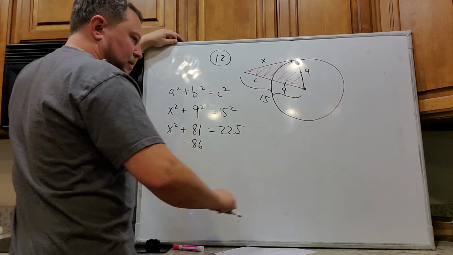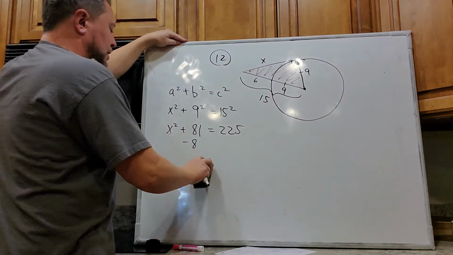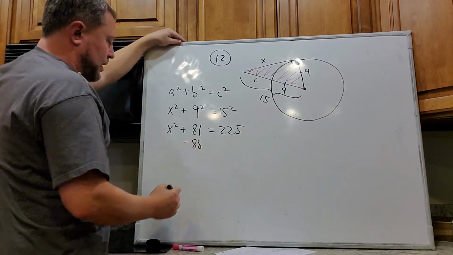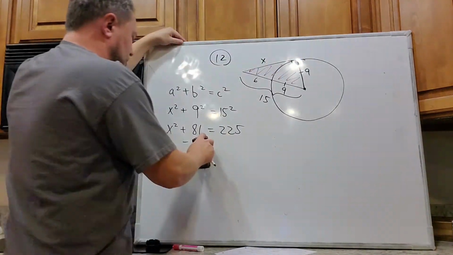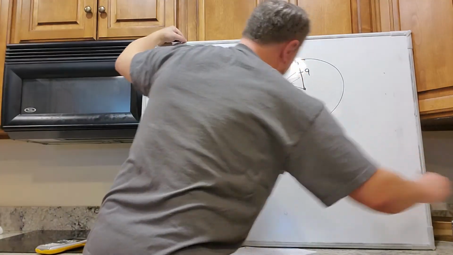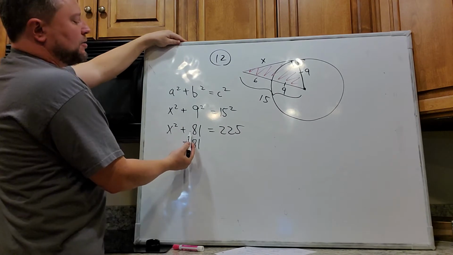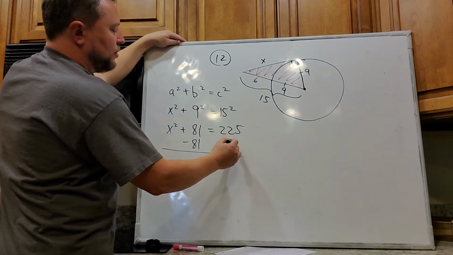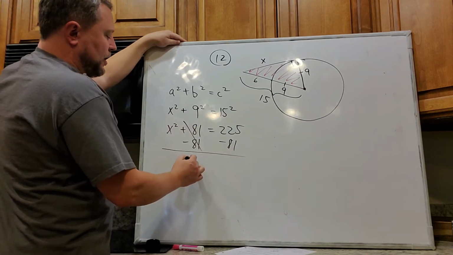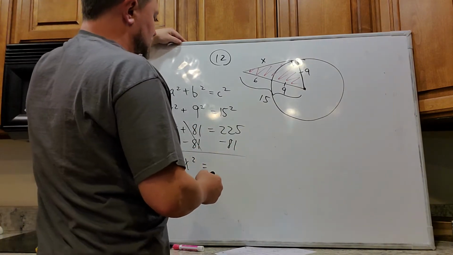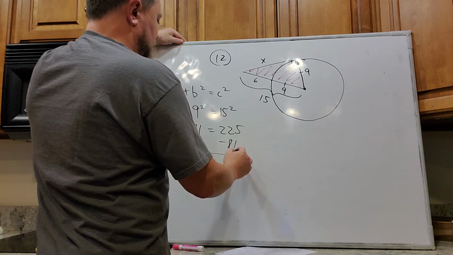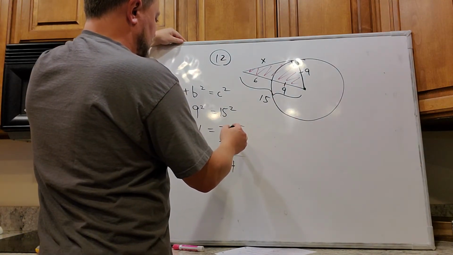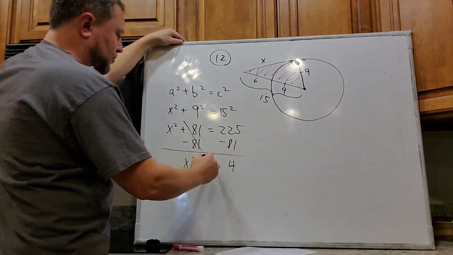Here's a problem where, like I was mentioning earlier, we'd have to do some subtraction. Why do I keep writing the wrong digit there? Sorry. I've got to subtract this 81 to get this x squared by itself. So now I've got x squared equals, let's see, 8 from 22 is 14.